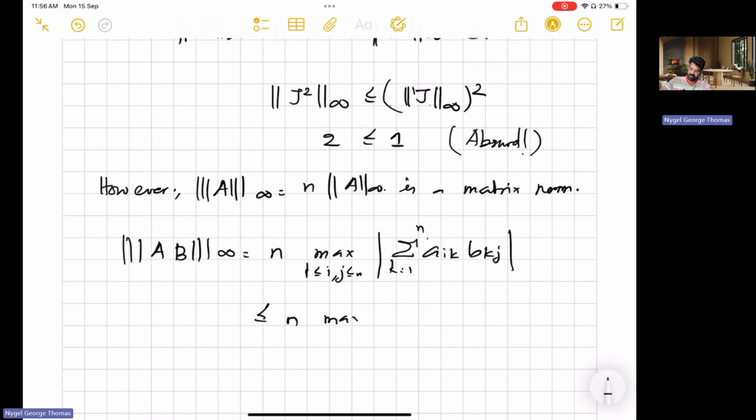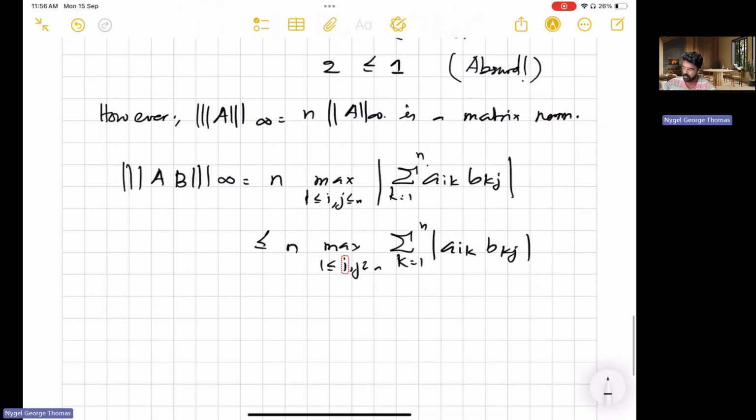This is the max over 1 ≤ i,j ≤ n of the sum of the moduli of a_ik and b_kj, which is in fact less than or equal to n times max.